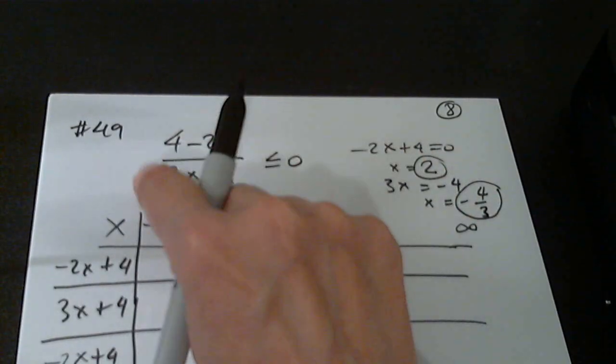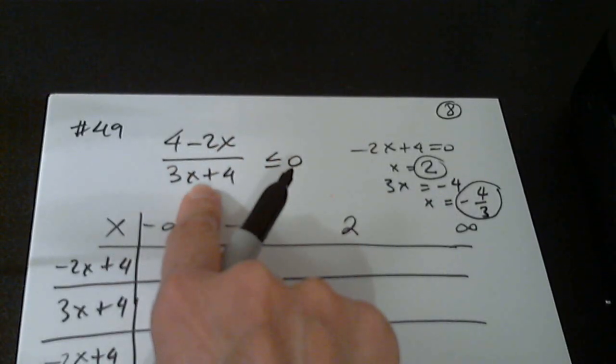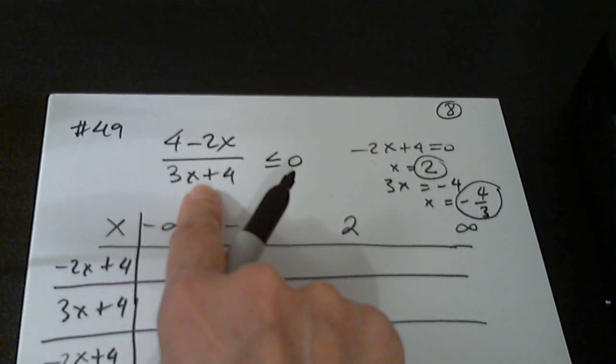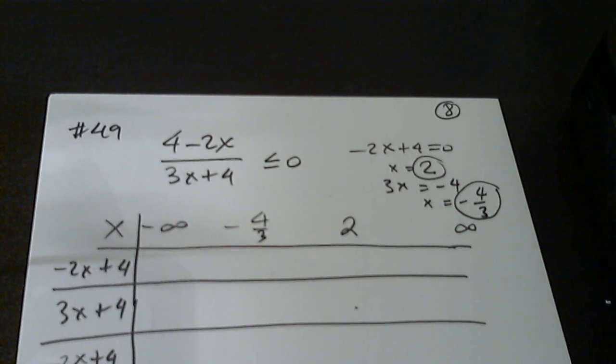What happens to this fraction when x is negative 4/3? Anyone, please?